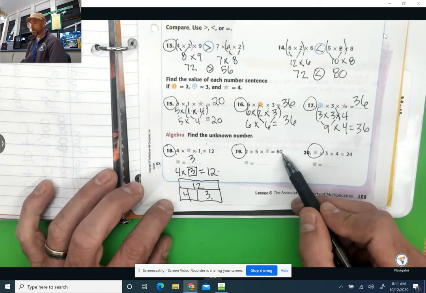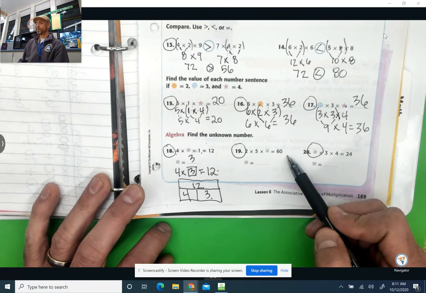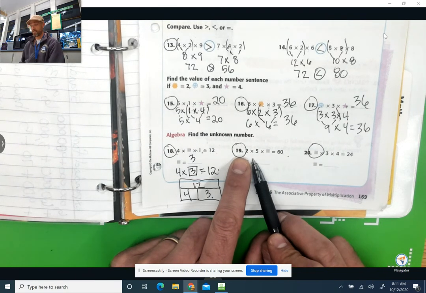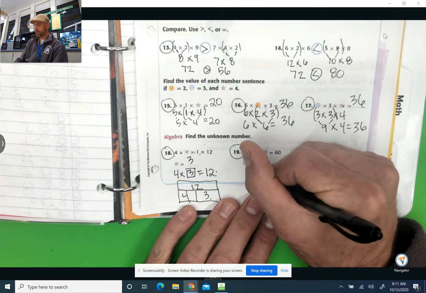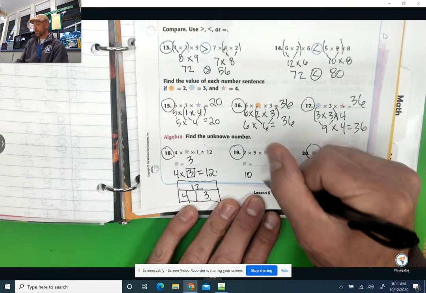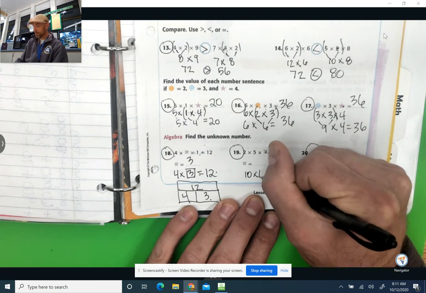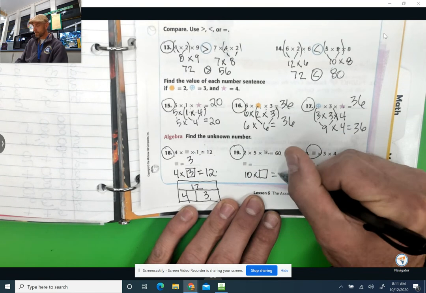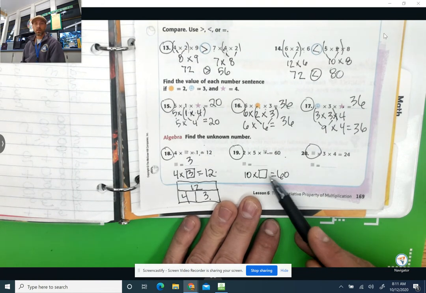All right. Now, up next, got another missing part. Part. Whole. Multiply what you got first. Okay. What do you have? You got 2 times 5. Do it. 2 times 5 is 10. What do you got left over? Times something gives you 60. So now in this case, 10 times something equals 60.